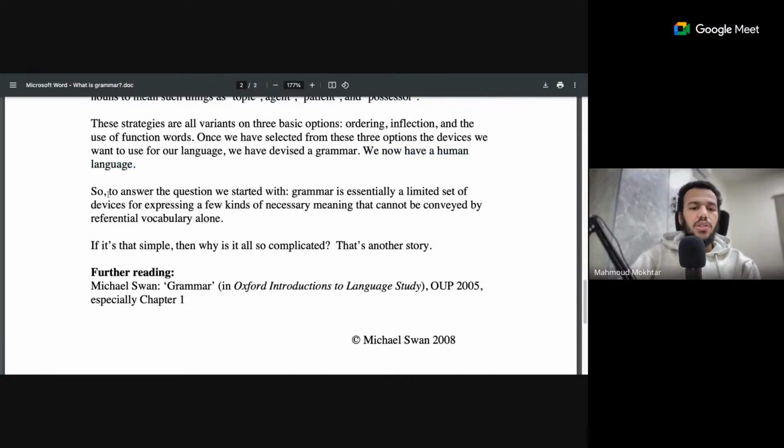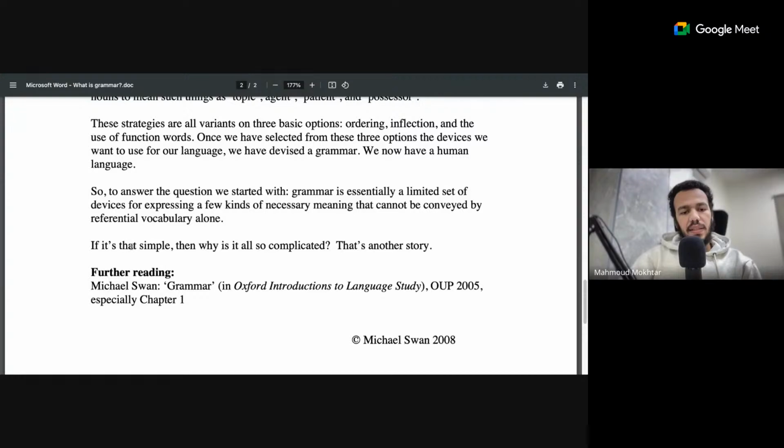Okay. So to answer the question we started with, grammar is essentially a limited set of devices for expressing a few kinds of necessary meaning that can't be conveyed by referential vocabulary alone.